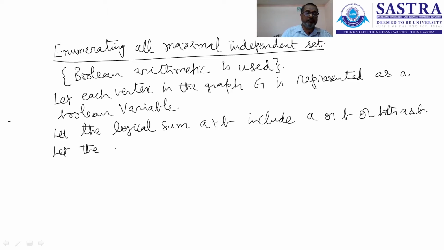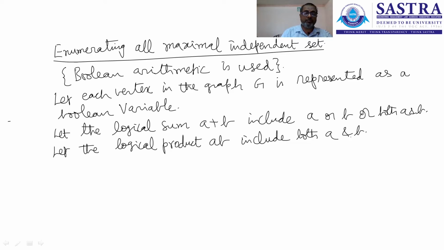Now I will take the third representation. Let the logical product AB include both A and B. Of course, all these are vertices. It will include all the vertices AB.